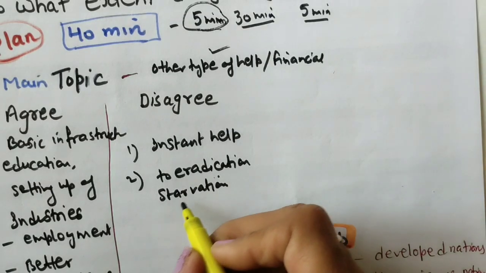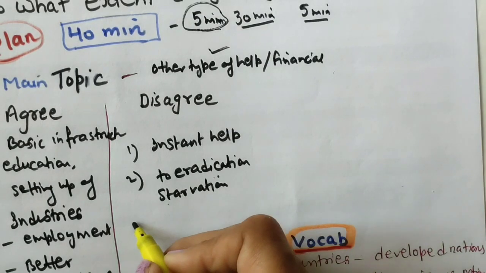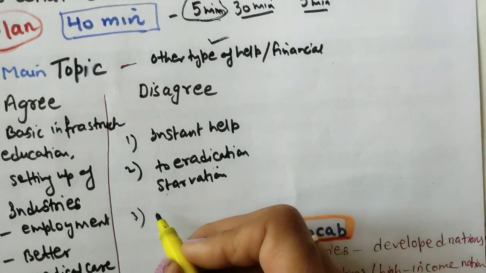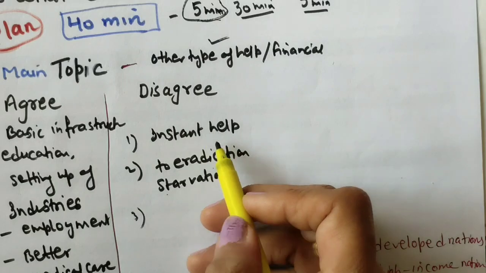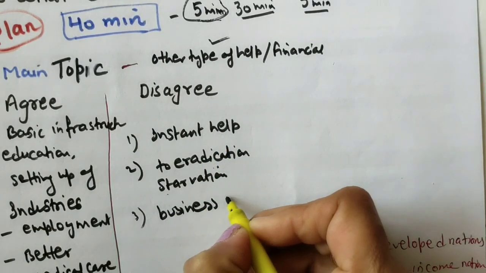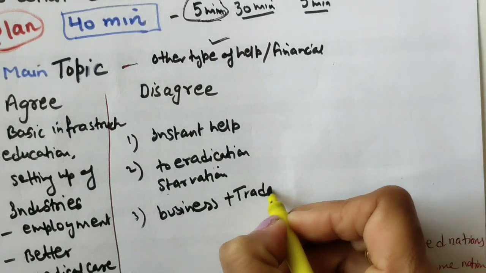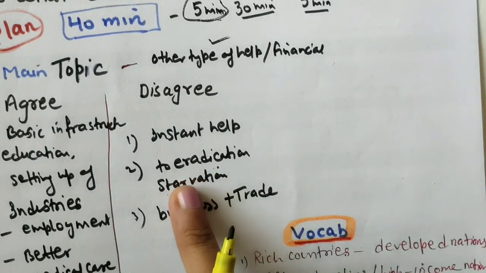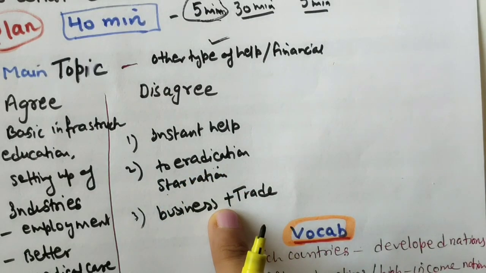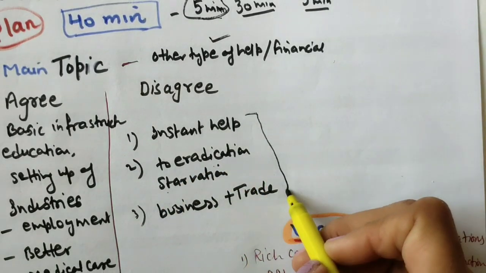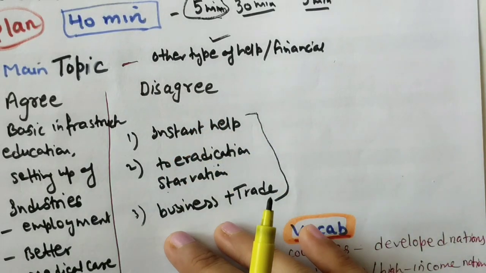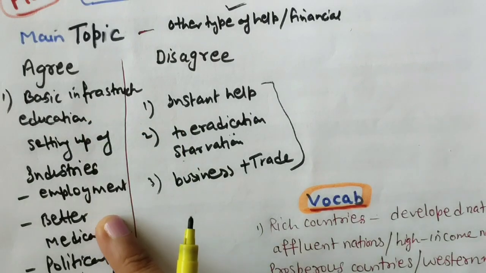Basically money is required for getting food, so that they can get food to eat, as well as some other things. And instant help, and definitely business and trade will grow when the country buys or imports things. Internal business will also grow. So these are the things. For the disagree point, you can point out your own points, but these are my agreement points.